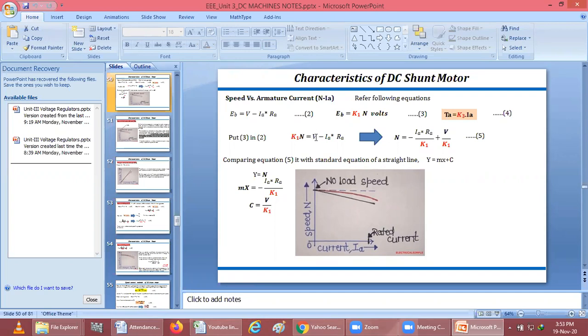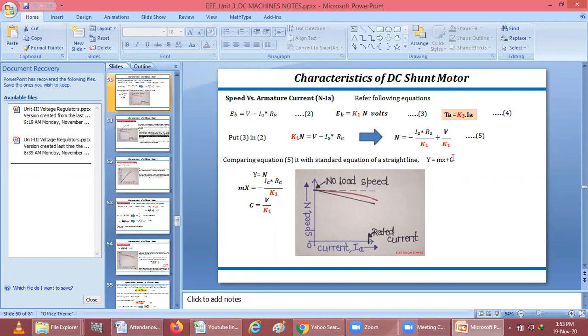So you can rewrite these equations in the form of speed. You will get N equal to minus Ia Ra upon K1 plus V upon K1.